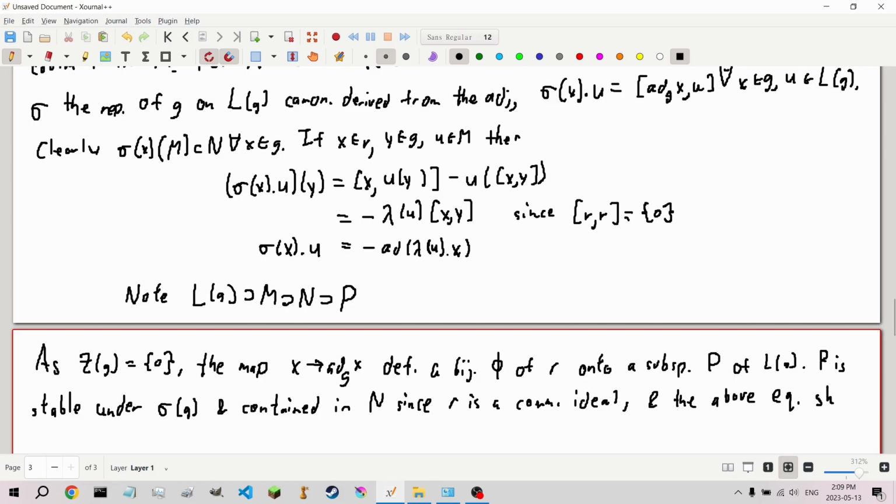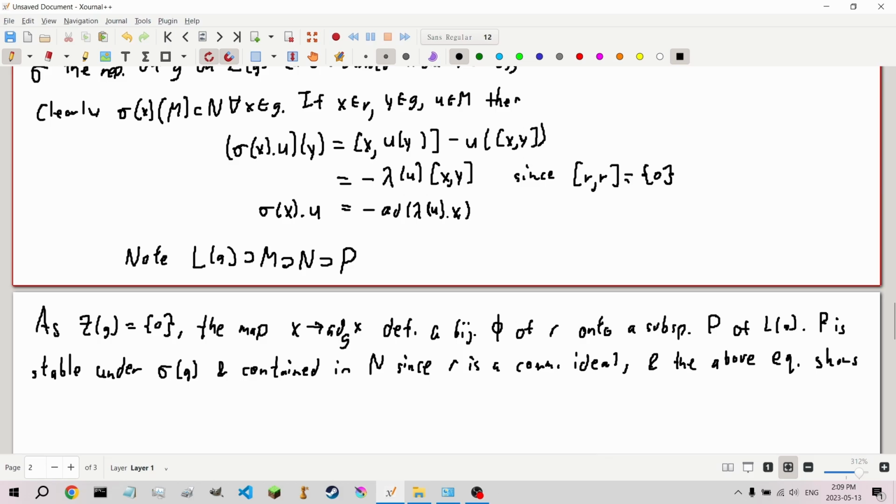And that equation shows that sigma of x on M is going to be within P for x in R.